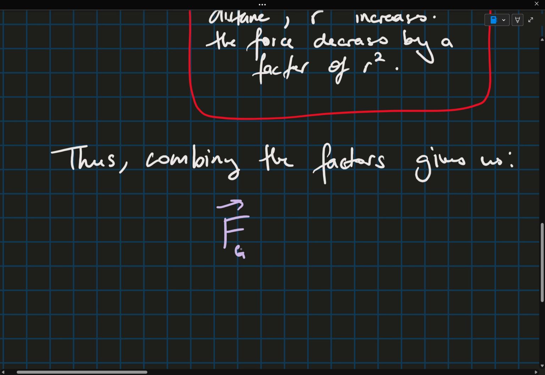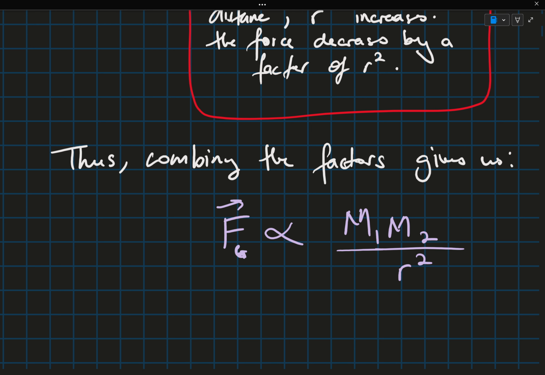Can you guys appreciate that? This should be good, right? Directly proportional to the product of the masses, but inversely proportional to the square of the distance, as we were stating.